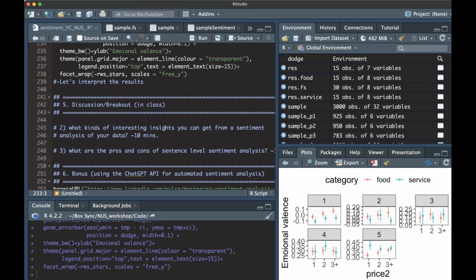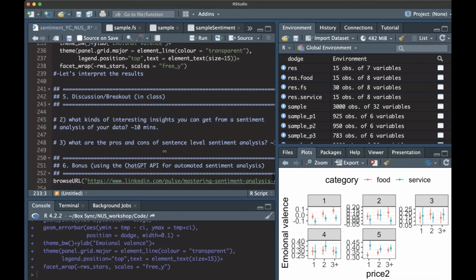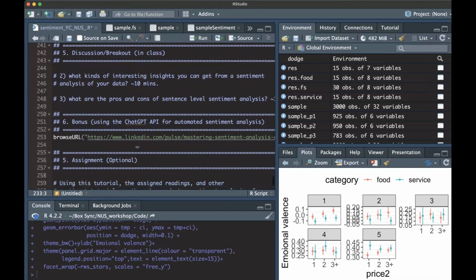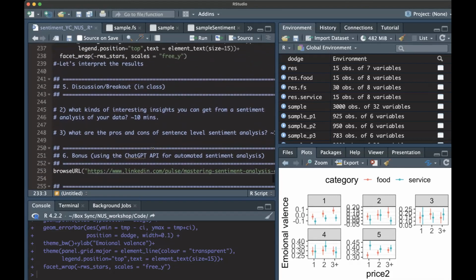So I do want to discuss with you the pros and cons of sentence level analysis, or do you have any other questions about this tiny but, I think, important part of sentiment analysis? Any other general questions before I quickly talk about a bonus, which is the ChatGPT API.